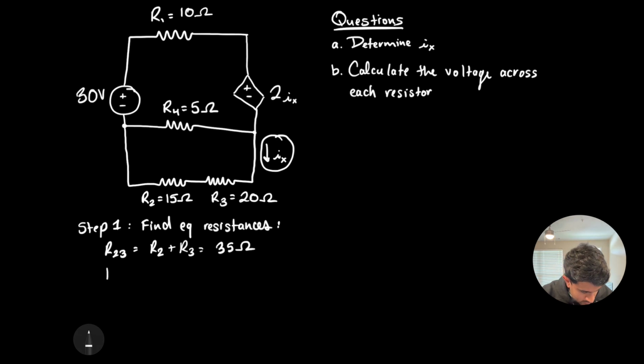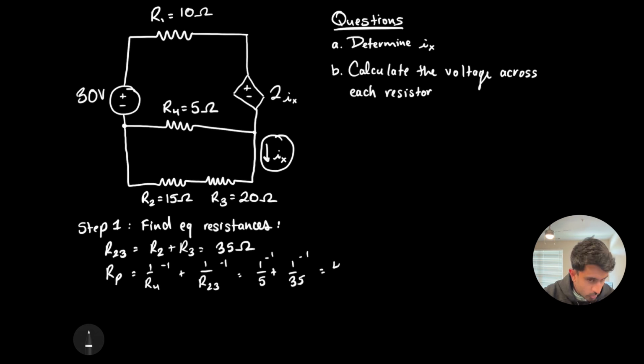And then R parallel is equal to 1 over (1 over R4 plus 1 over R23), which is 1 over (1 over 5 plus 1 over 35). Make sure that both of these are inverted, meaning that the answer is 4.375 ohms for R parallel. This is the value that we're going to plug into step number 2.